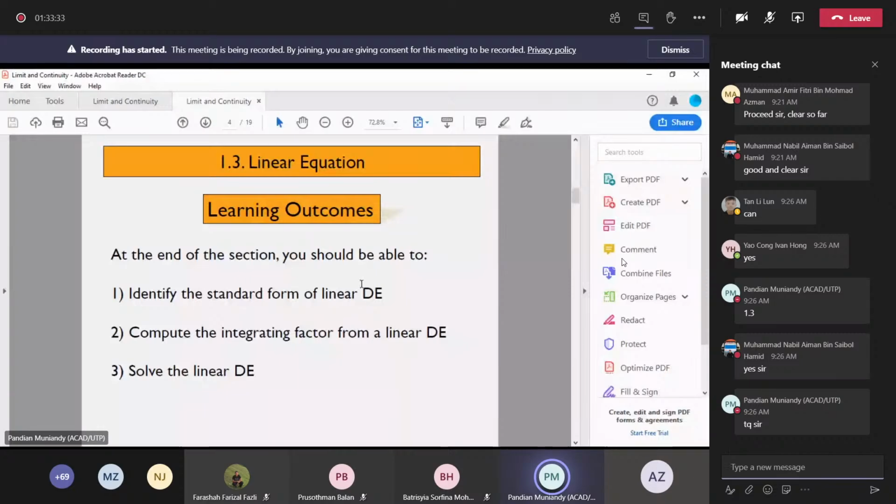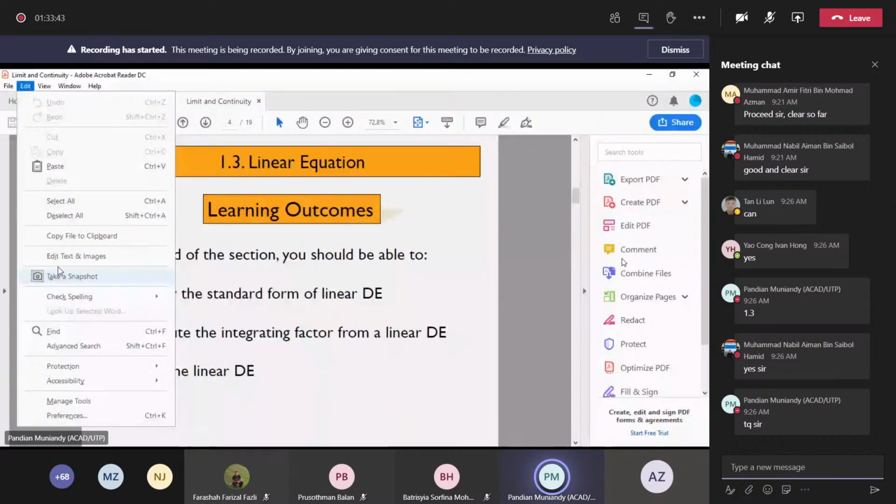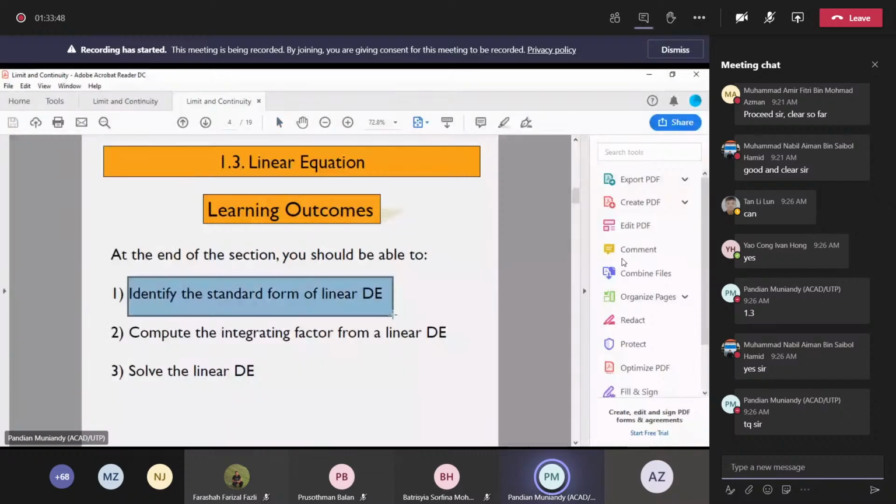Again, the most important one is identify. Identify the standard form of linear differential equation. And then you must compute the integrating factor from the linear differential equation. Then you solve. This is the output.